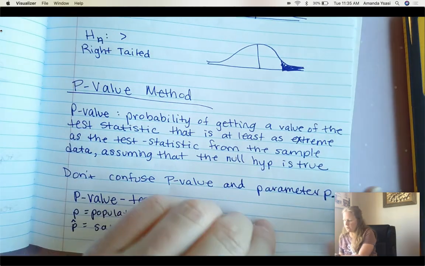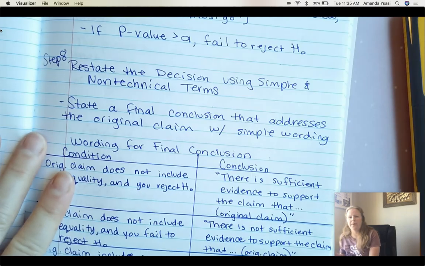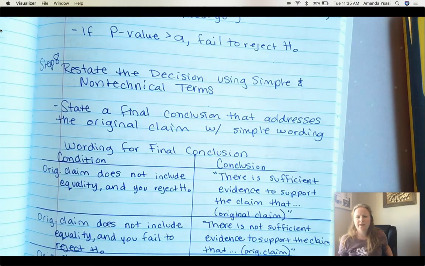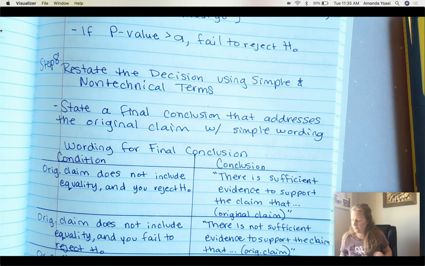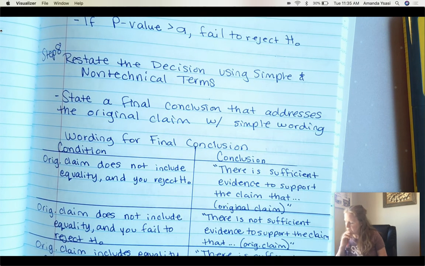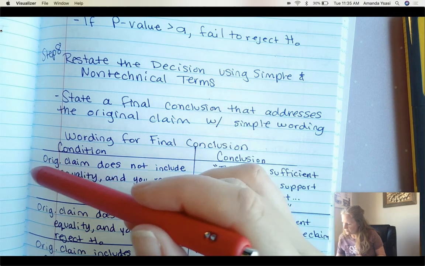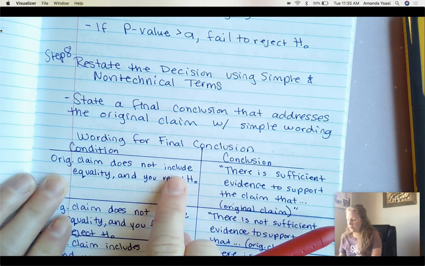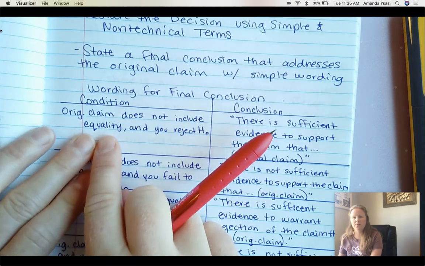Let's go to where we're talking about. Step 8. Restate the decision using simple and non-technical terms. State a final conclusion that addresses the original claim with simple wording. So we are rejecting the null. The original claim does not include equality, so that's part of our case.